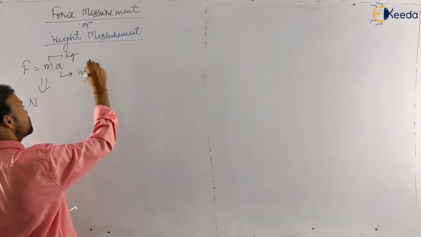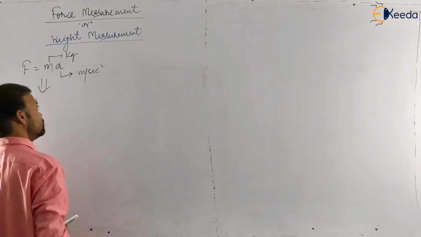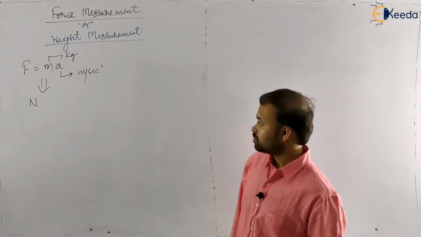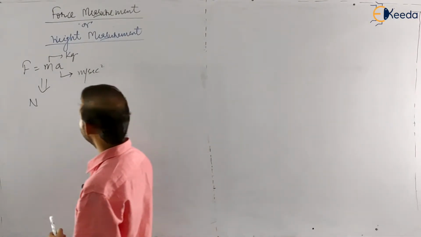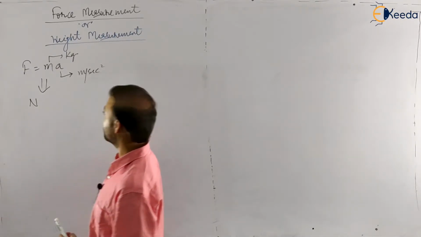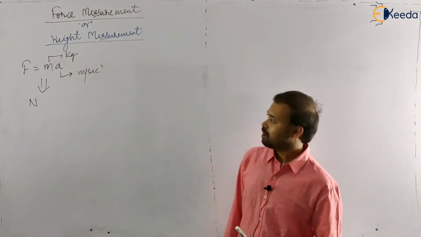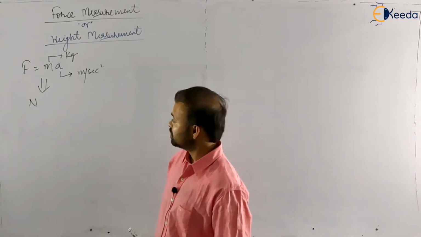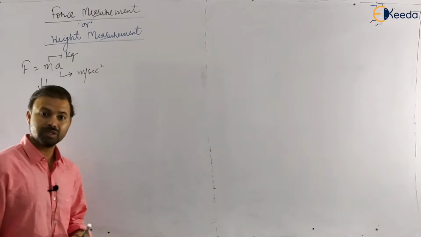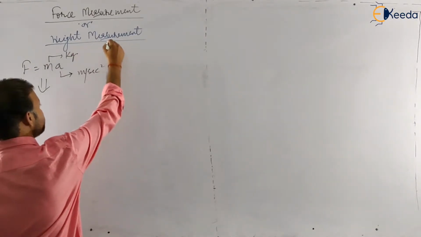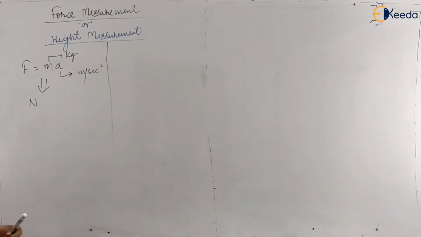So the unit of force is kilogram into meter per second square, and the combination of this is called Newton, because this is Newton's second law, that is force is equal to mass into acceleration. So the unit of force is Newton.